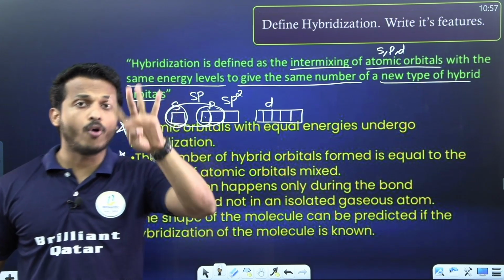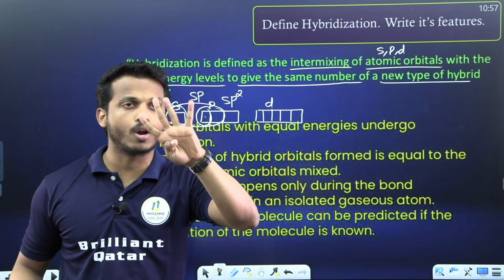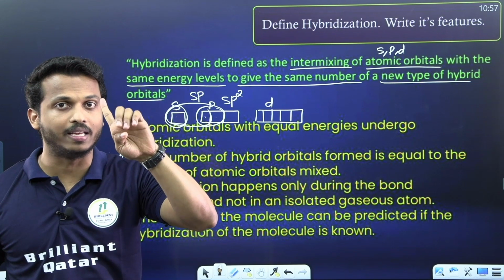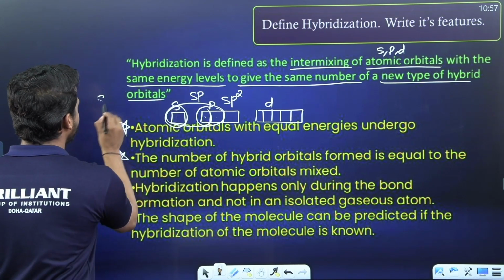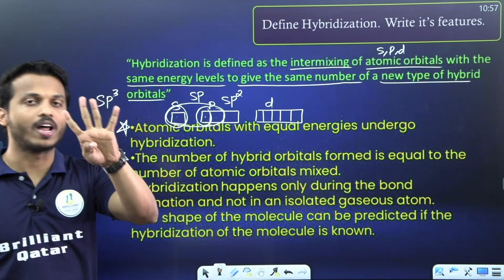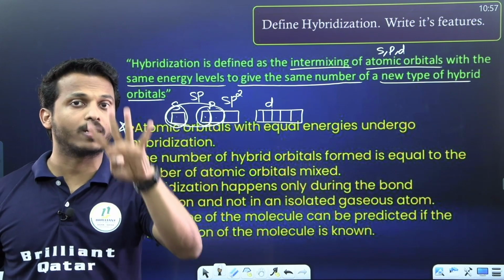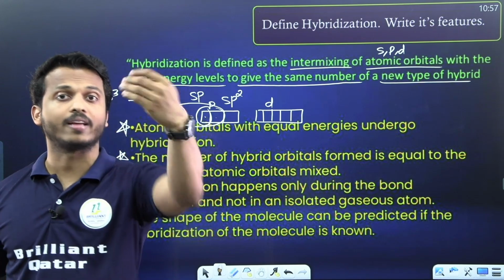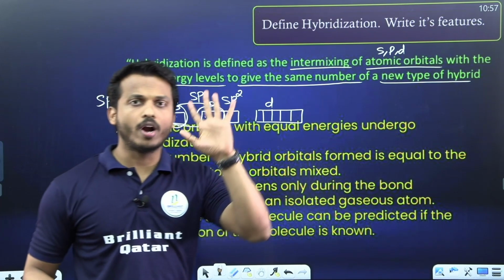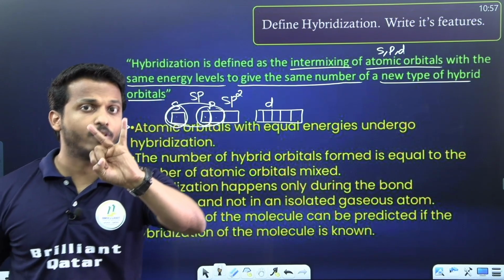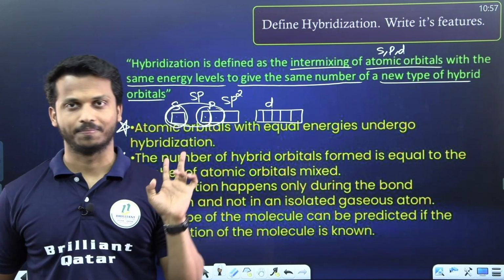If you want 4 orbitals to mix, dear all, s and then the remaining 3 p orbitals. So sp3. Total how many orbitals? 4 are there. So if you mix 4 atomic orbitals, 4 hybrid orbitals can form. Similarly, to mix 2 orbitals, s and p, sp.